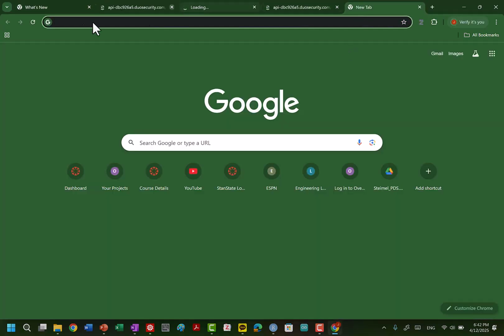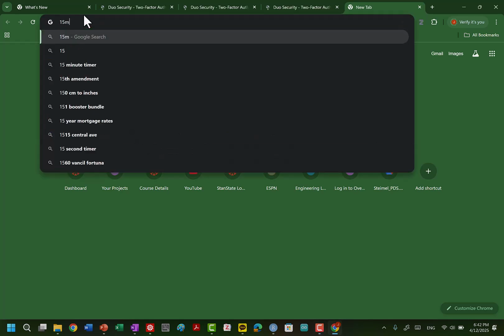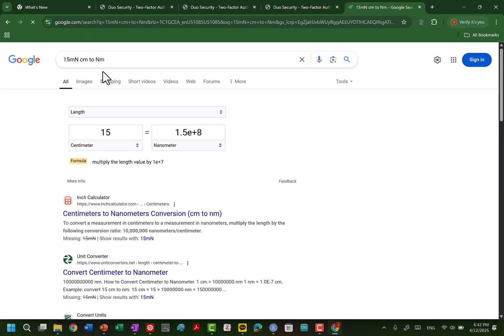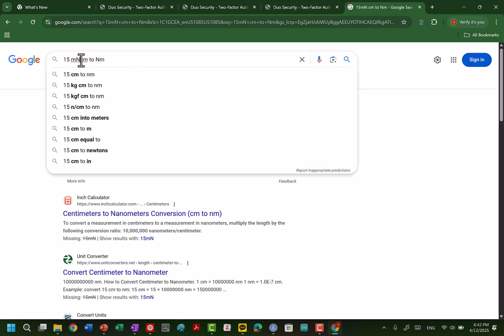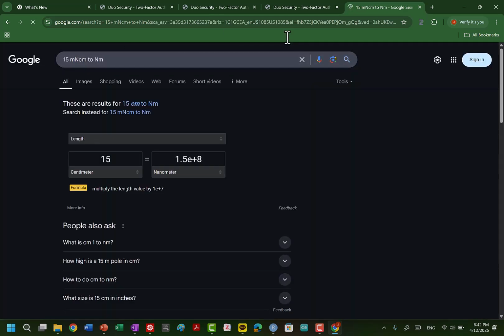I'm searching for 15 millinewton centimeter. Yeah, I'm confident in my result.